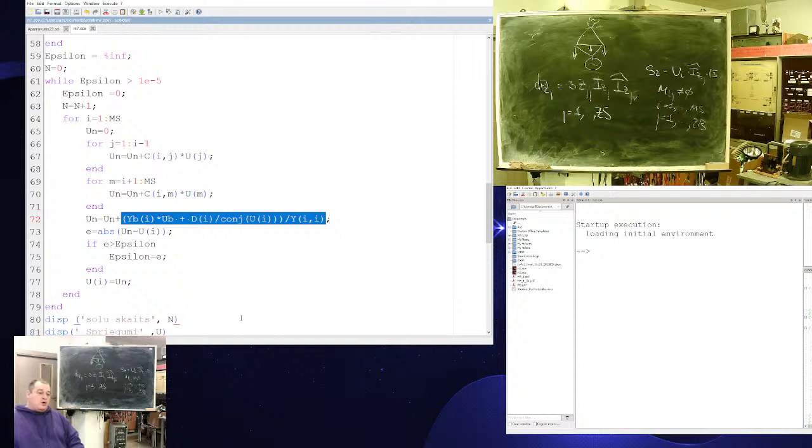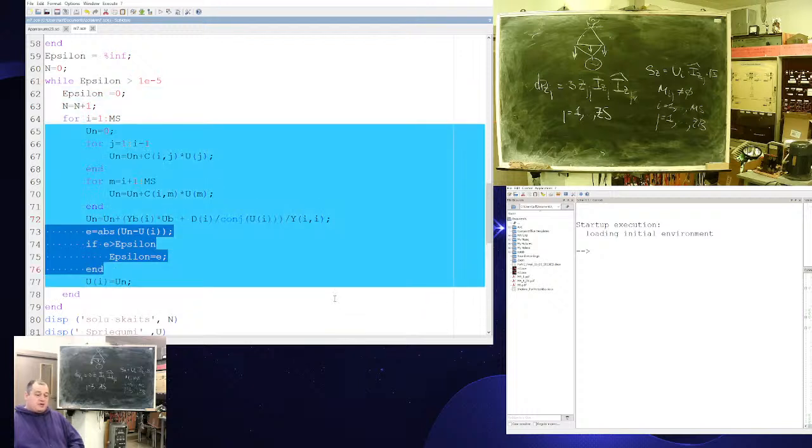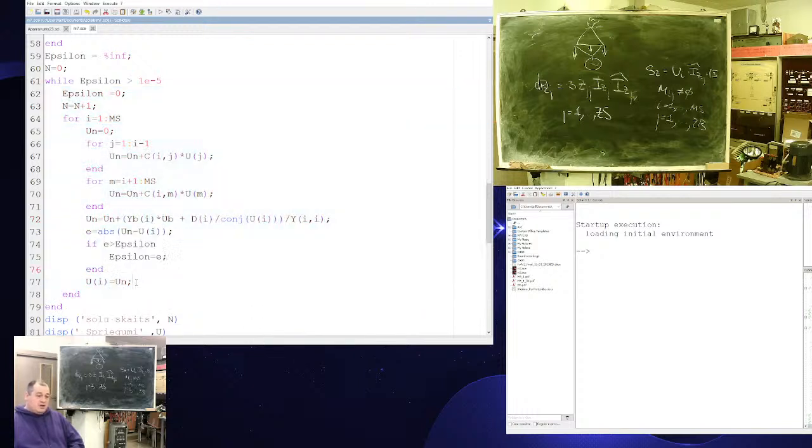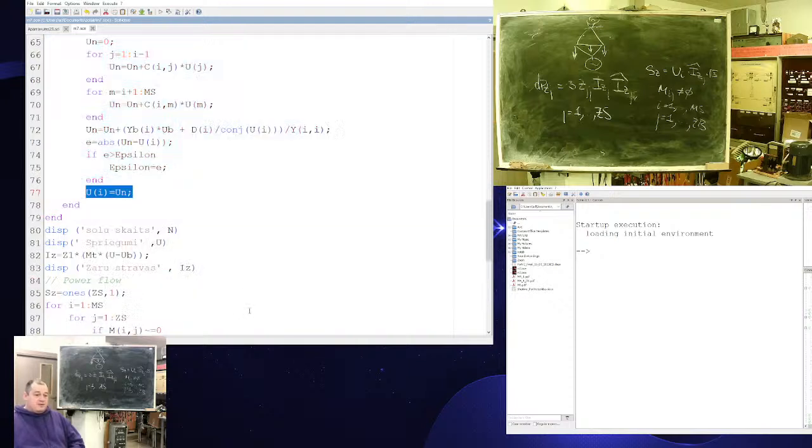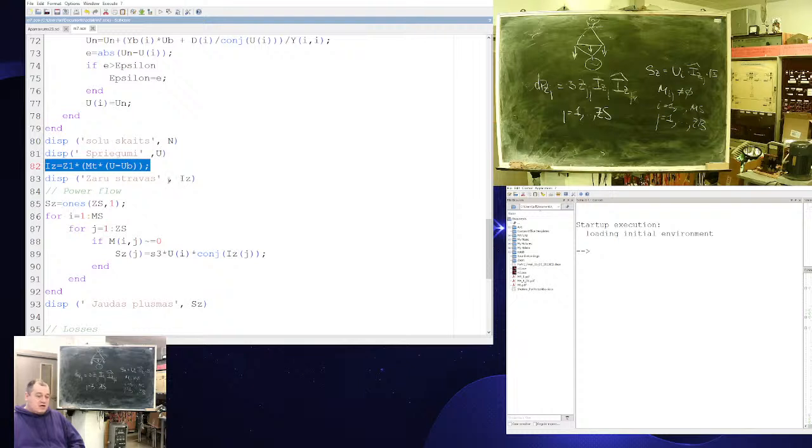Currents are recalculated at each step as a function of previous voltage. This is for the precision which I select, and I'm putting my voltage in place. The solver gives the number of steps, voltages, branch currents, and power flow.